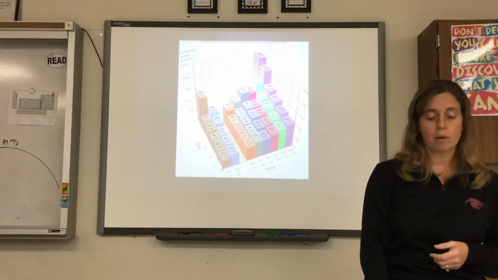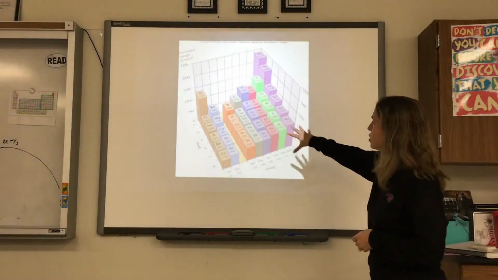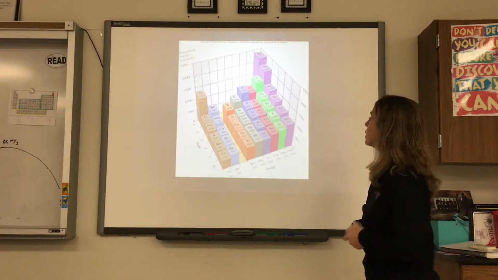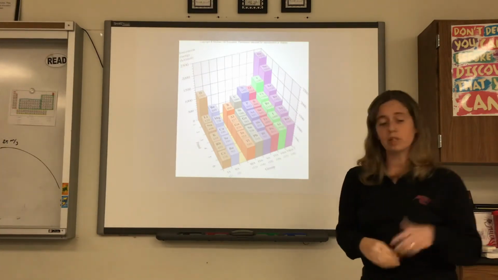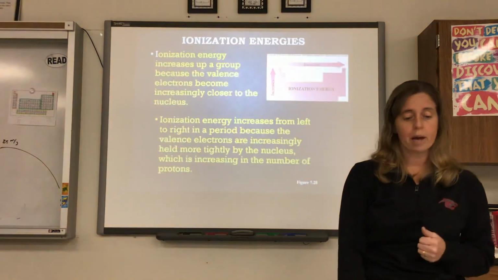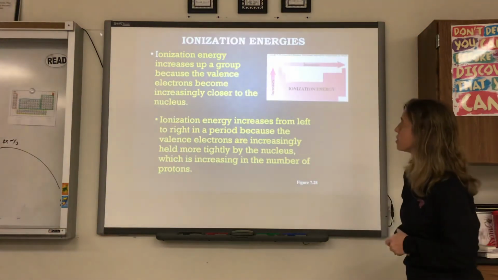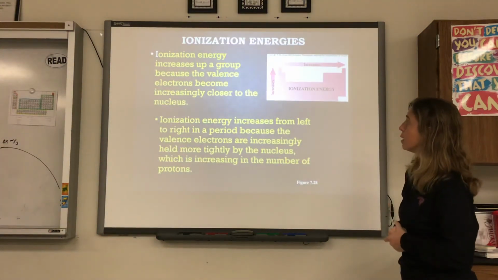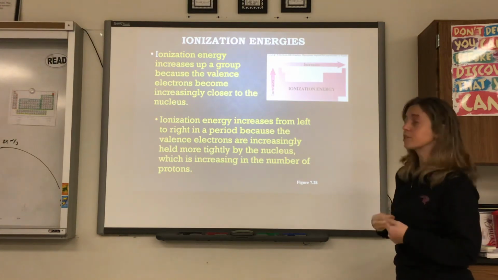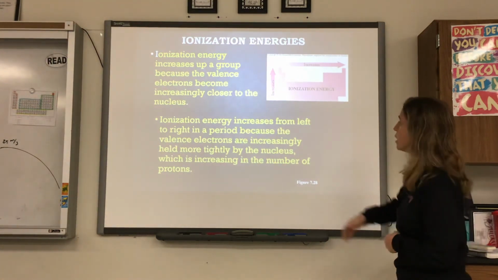So here's a chart showing you the different ionization energies, but we just want to get to the trend, okay? So ionization energy increases up a group because the valence electrons become increasingly closer to the nucleus.